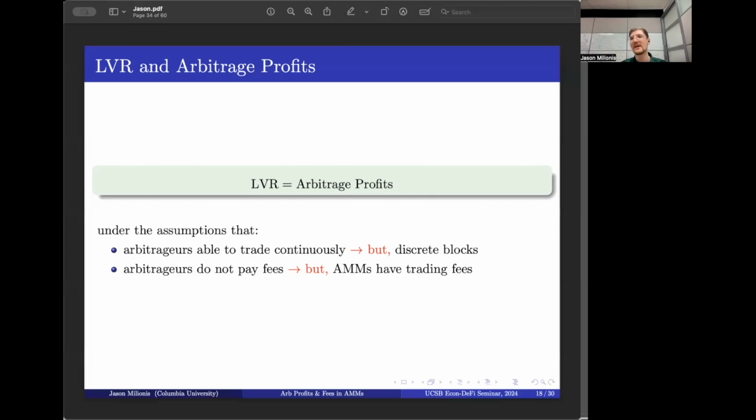But of course, AMMs apply fees to everybody and not just to noise traders. So they also do have to pay fees as well. So in reality, what we're expecting is that we're not expecting the arbitrageurs to make as much money as the LVR says, because there are these two frictions. So let's try to relax these assumptions one at a time to make the model more realistic.